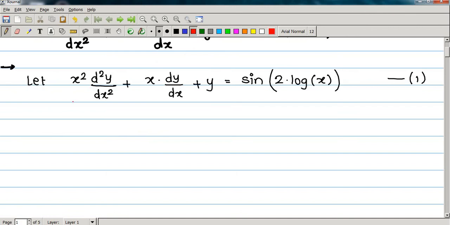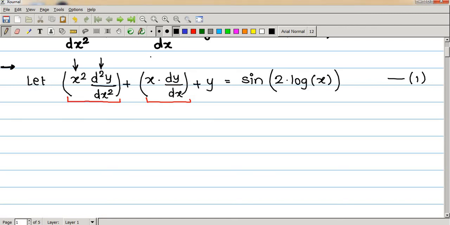Let's check the variable coefficient form, whether it is in standard Cauchy's differential equation or not. Here the variable coefficient is x, its power is 2 and the order of differentiation is again 2. So the first term is in standard form. Same is the case with the second term: the coefficient has power 1 and the order of derivative is 1, so it is a standard Cauchy's or Euler's differential equation.